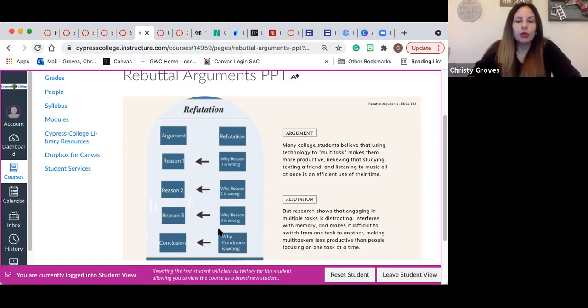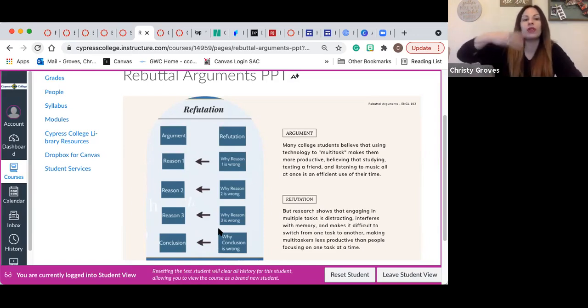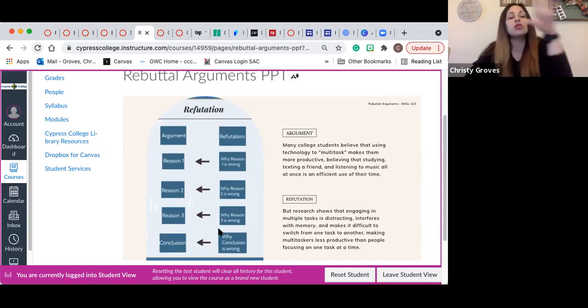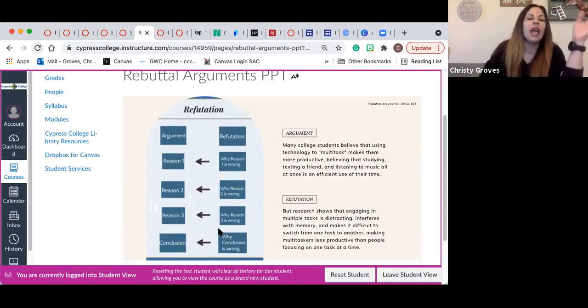so for an example here, we have many college students believe that using technology to multitask makes them more productive, believing that studying, texting a friend, and listening to music all at once is an efficient use of their time, because they're doing 3 things at once. So that's the main argument.